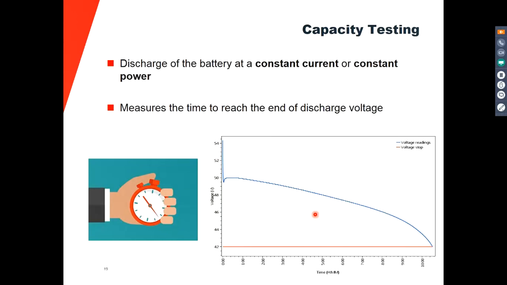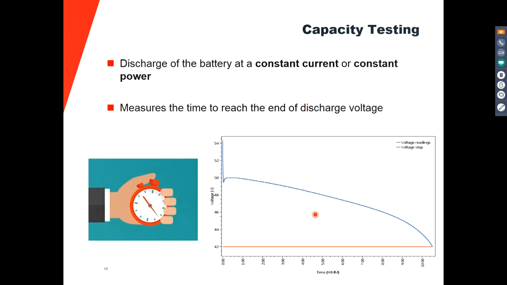So if you have a battery that is 60 cells and the end voltage is 1.75, it means that you need to run the test down to 105 volts. And if you have a 24 cell VLA battery, then you have 24 cells times 1.75.